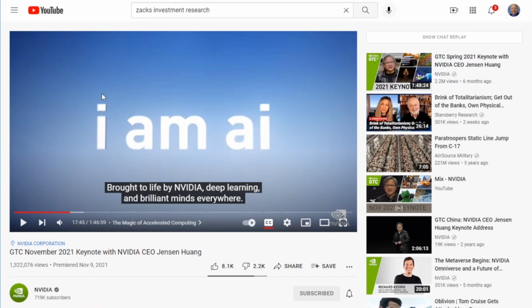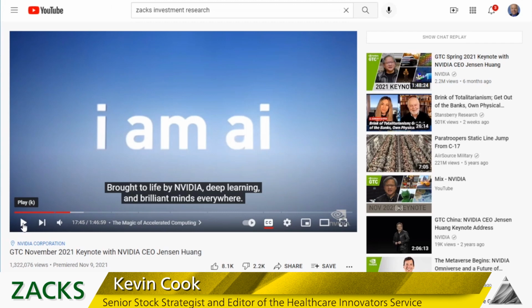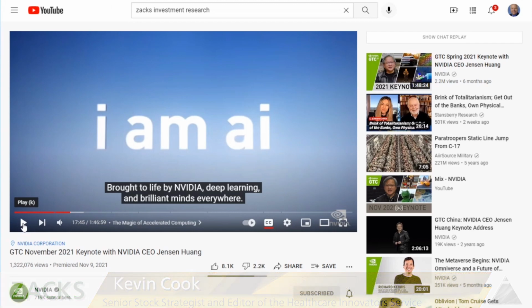And look at the clever IMAI, spelled backwards, I-am-AI. But they did a sort of a preview of everywhere that artificial intelligence is being used. So let's listen to Jensen talk about the stack and a key point about SDKs, which are software developer kits, and how he's building an army of developers on the CUDA platform.